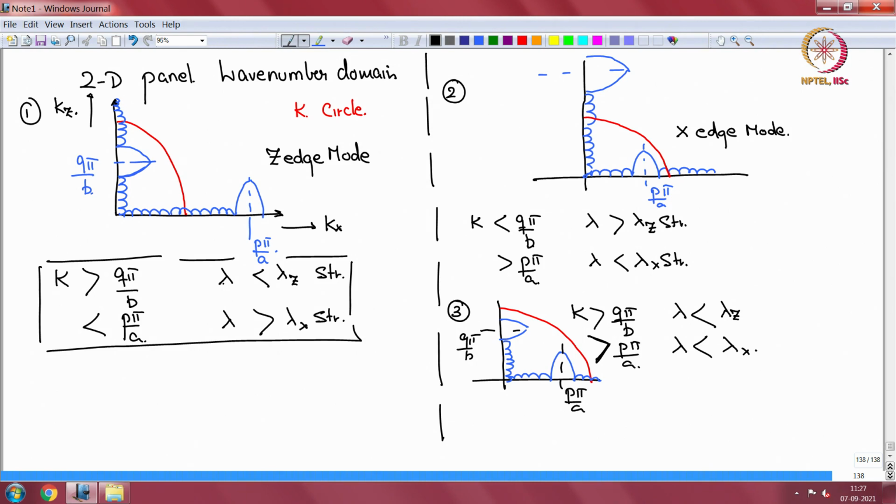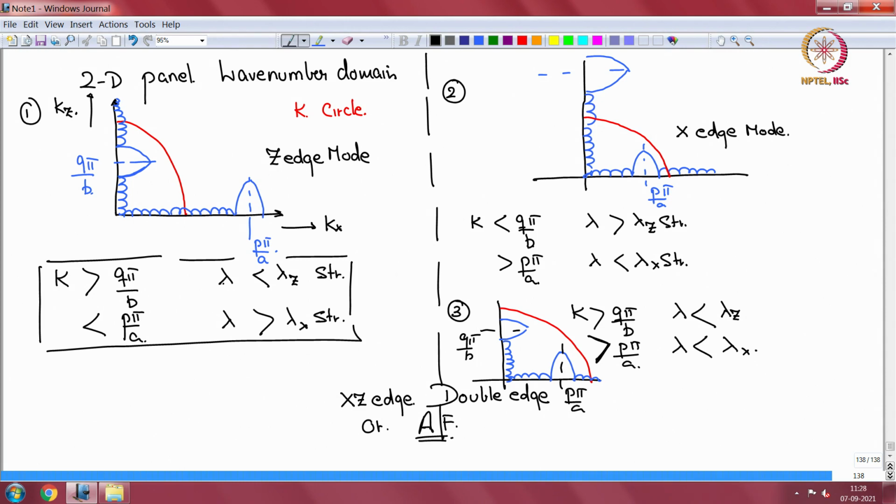We'll give this two names. We'll call these double edge, or XZ edge, or acoustically fast modes.